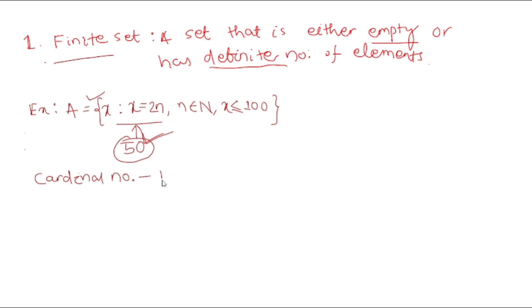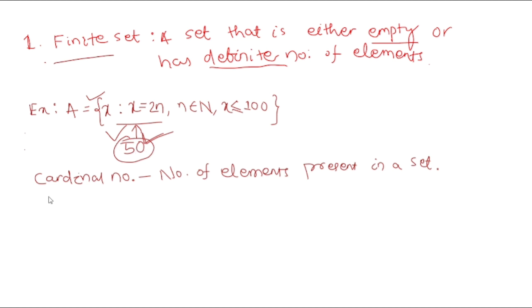Cardinal number means the number of elements present in a set. Suppose a set has one element, then its cardinal number is 1. Suppose a set has 0 elements, the cardinal number will be 0. So in this case, the cardinal number of the finite set is 50.